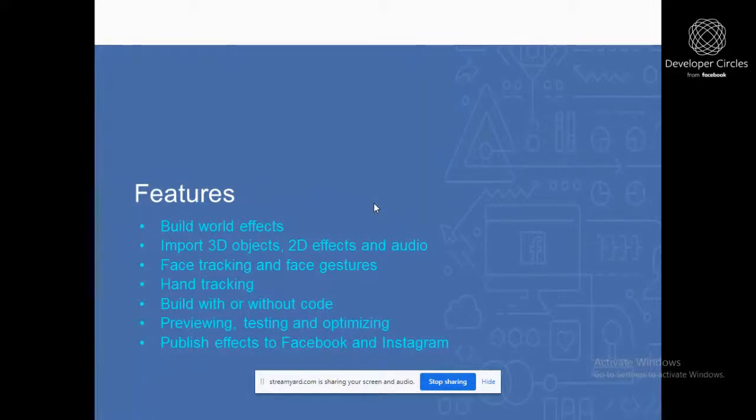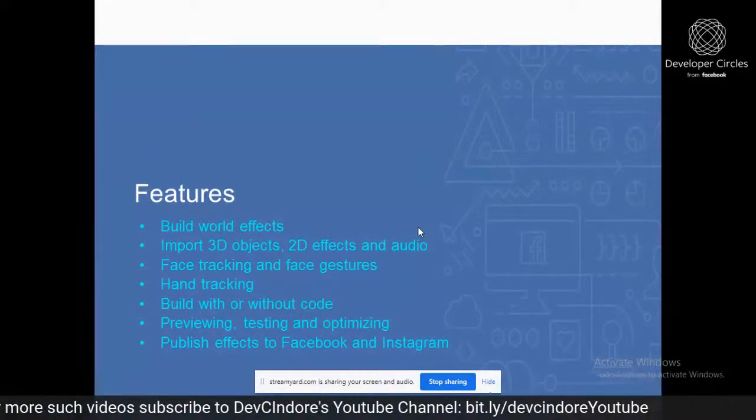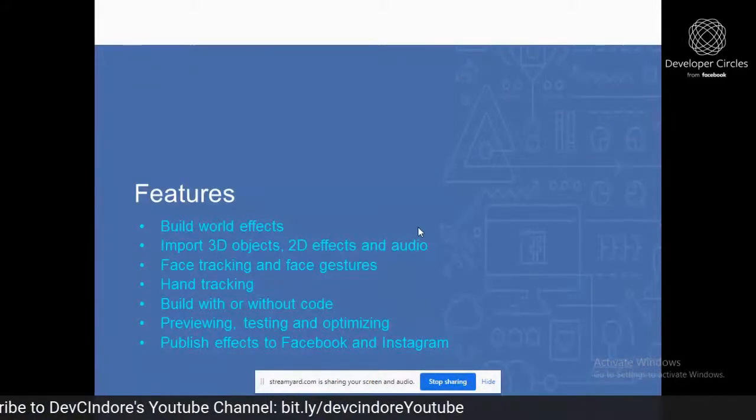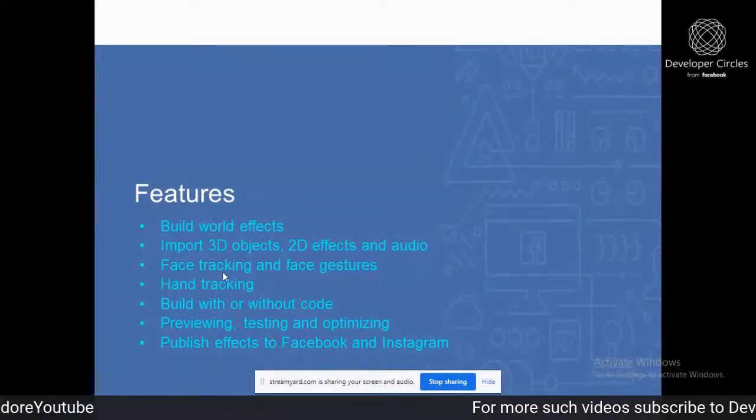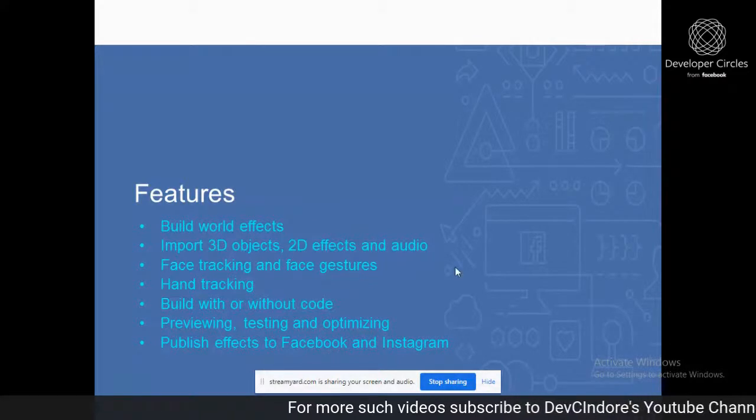For 3D objects, it only supports OBJ, DAE, like these kinds of formats. And for 2D, PNG, JPEG, and SVG. For audio, it only supports M4A. It does not support MP3 or MP4 formats.